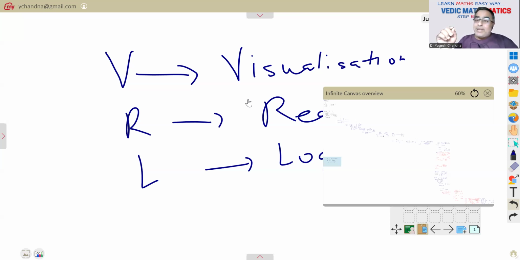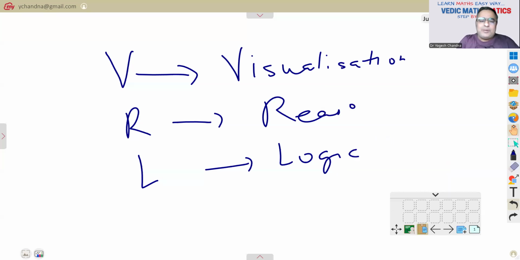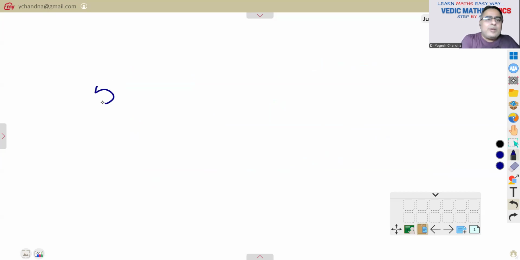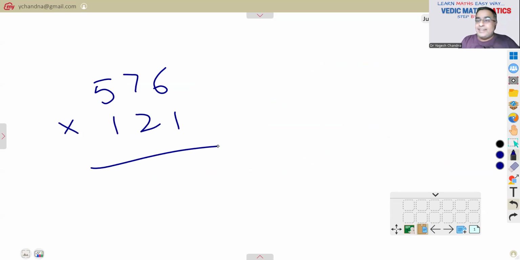No. So similarly, 576 into 121, I'll write it so that you understand this more. Generally we do it like this. But if it is part of a question paper of an entrance exam, a scholarship exam or any Olympiad, do we have 3 minutes?